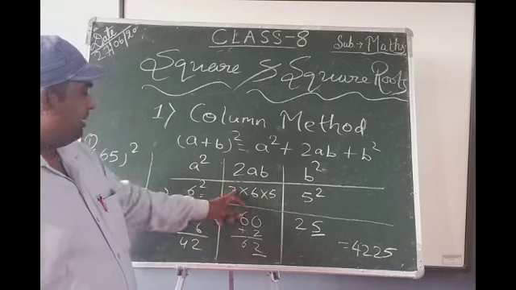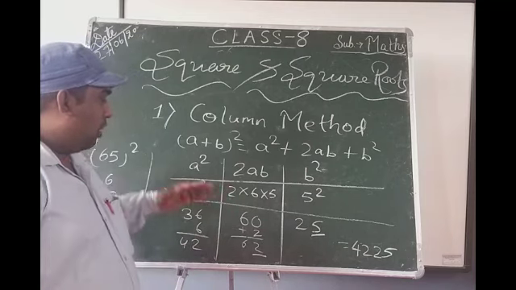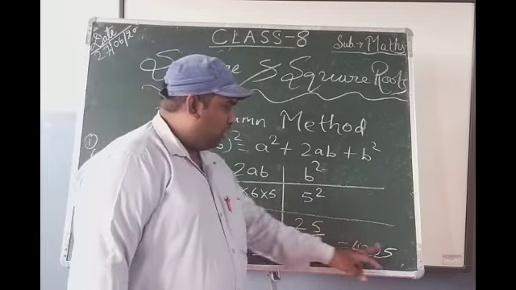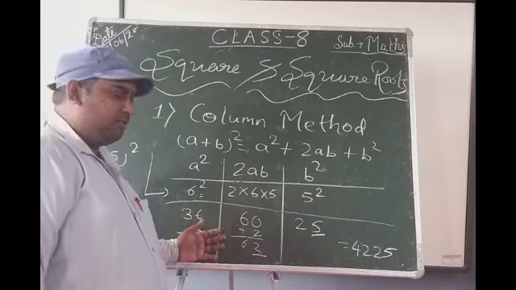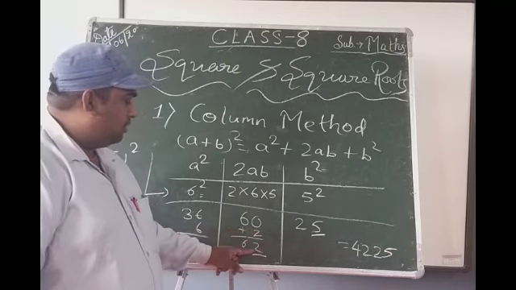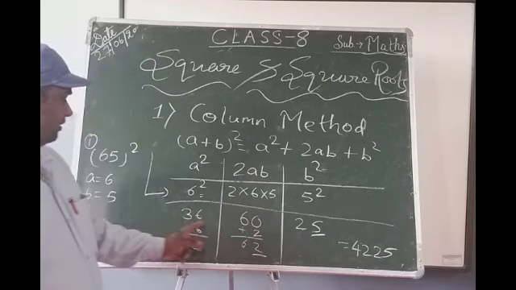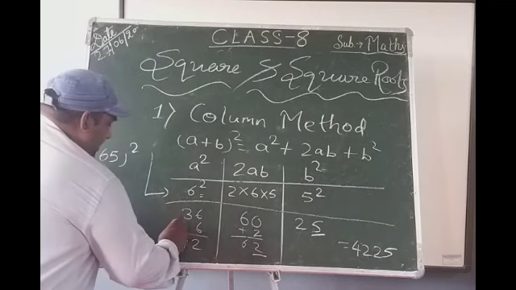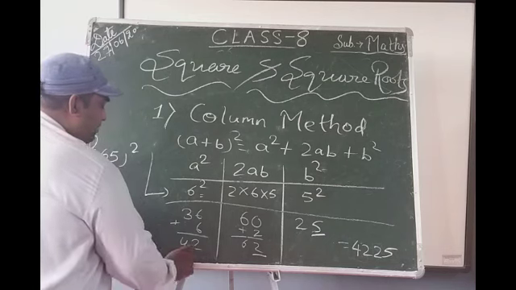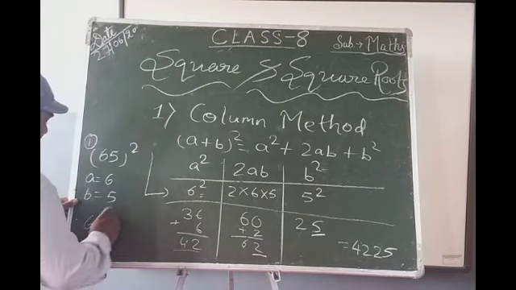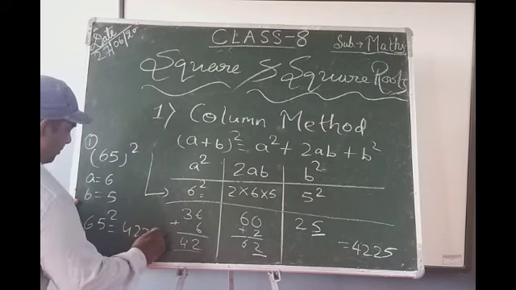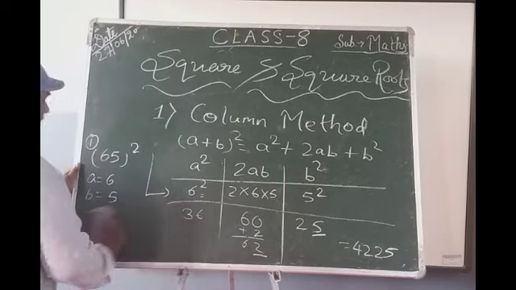You will get 36, 60, 25. Now writing, always write the first digit, and the second digit of that column you carry forward to the next. So we write 5, then 2 is written and 6 is carried forward, and we find the sum of both. Here there is no carry forward, 42. So the square of 65 is 4225. We will look at another example.